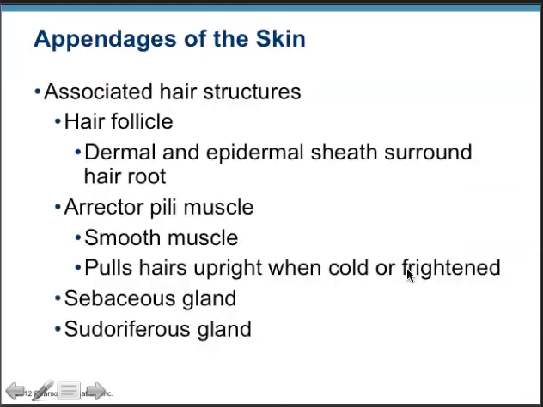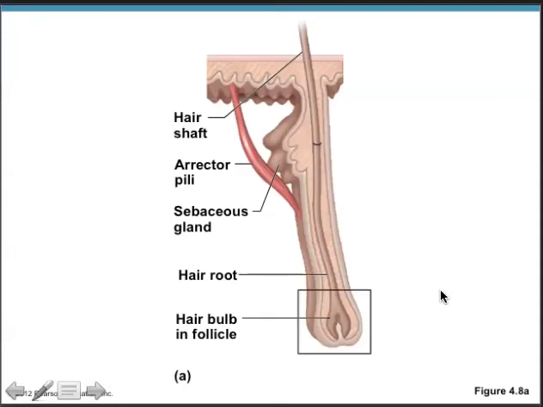Other associated structures include the hair follicle, which has a dermal and epidermal sheath around the hair root, the erector pili muscle, which is made up of smooth muscle, which pulls the hair upright when we're cold or when we're frightened, as well as sebaceous and sudoriferous glands, which we've already addressed. And you can see here a cross-section through a hair.